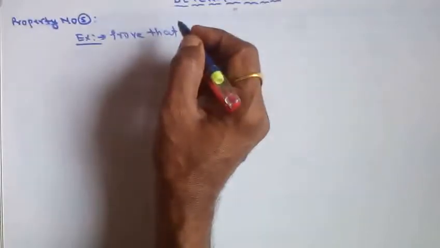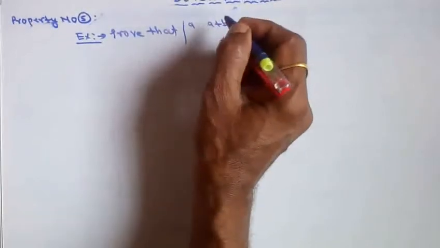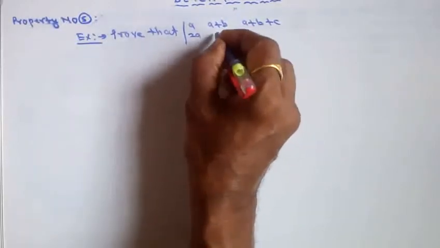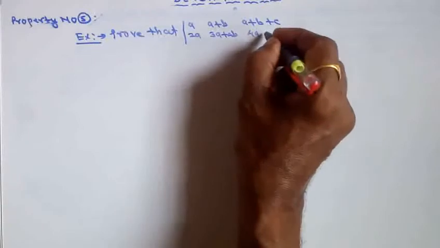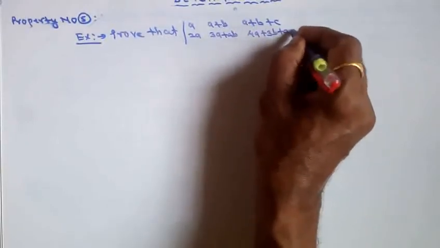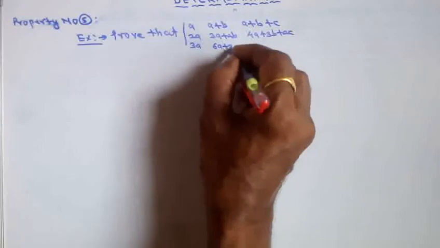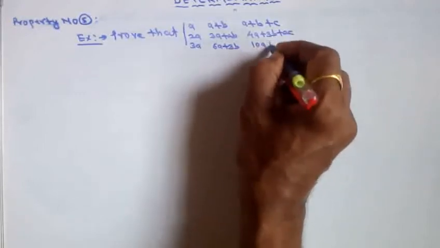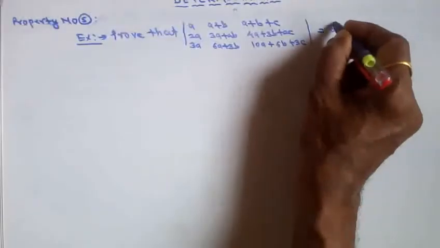Prove that the determinant with rows a plus b, a plus b plus c, 2a; 3a plus 2b, 4a plus 3b plus 2c, 3a; 6a plus 3b, 10a plus 6b plus 3c, equals a cube. Prove that the value of this determinant is a cube.